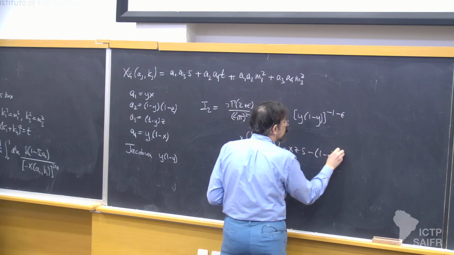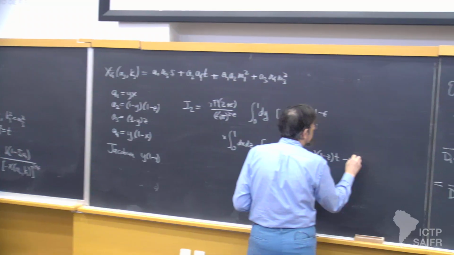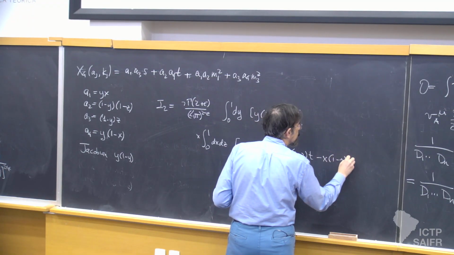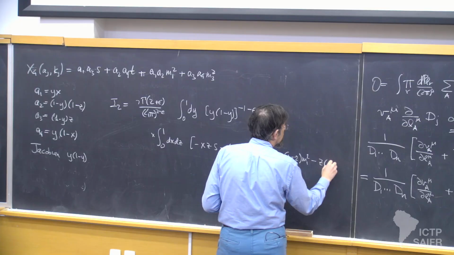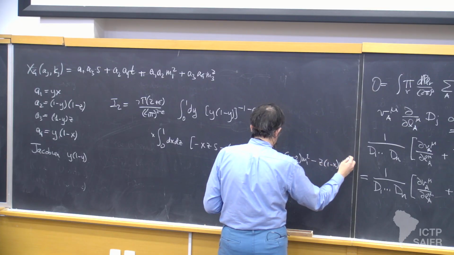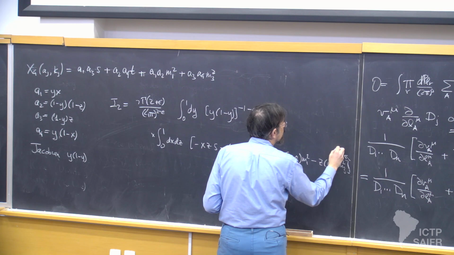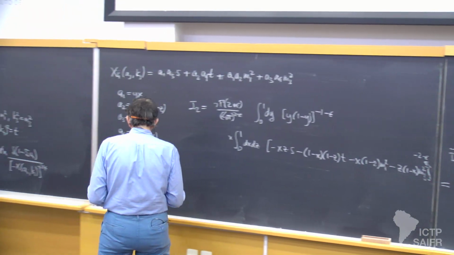1 minus x, 1 minus z is t, minus x, 1 minus z m1 squared, and minus z, 1 minus x m3 squared. And this is to the power, running out of room here, minus 2 minus epsilon.